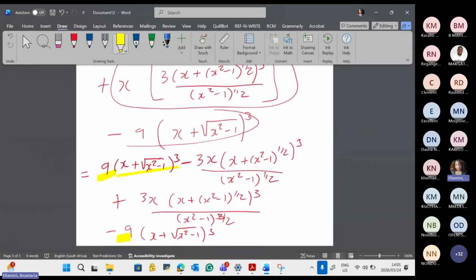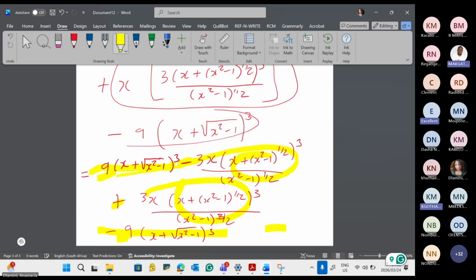So this one minus this one. Am I right? One has a minus and the other has a plus, and the rest is the whole same thing. So the whole thing is 0. Yeah, it's equal to 0.